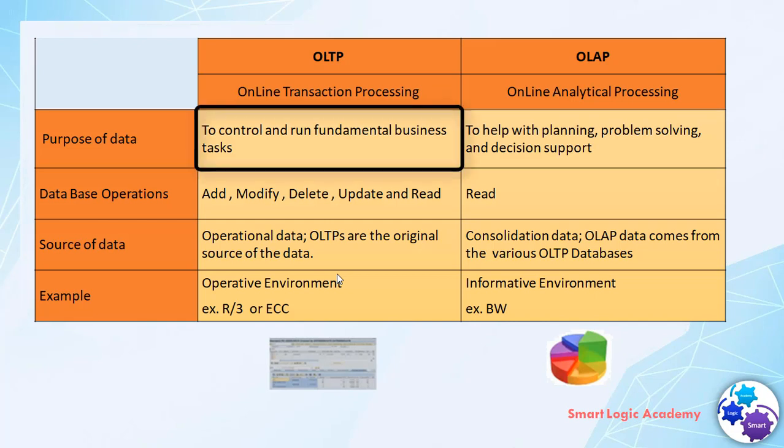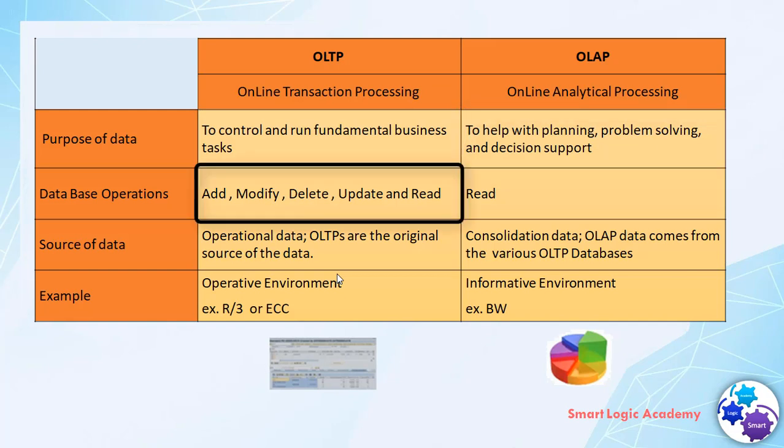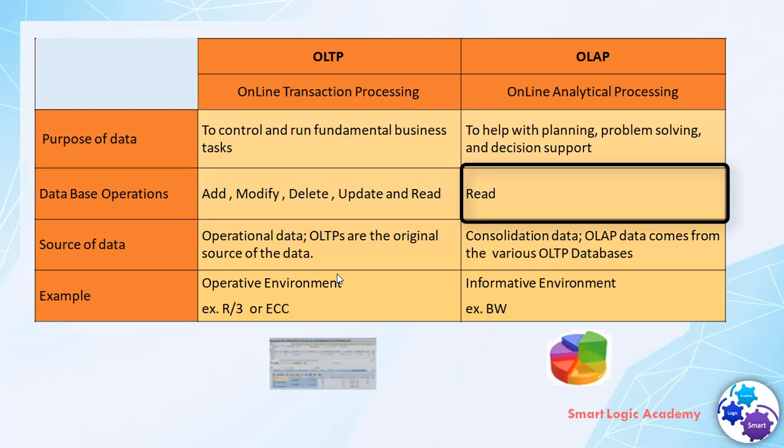The main purpose of OLTP is to control and run fundamental business tasks, whereas the basic purpose of OLAP is to help with planning, problem solving and decision support, basically for analytical processing. OLTP supports database operations like add, modify, delete, update and read, whereas OLAP mostly supports the read database operation.